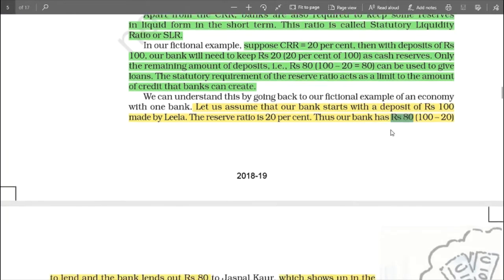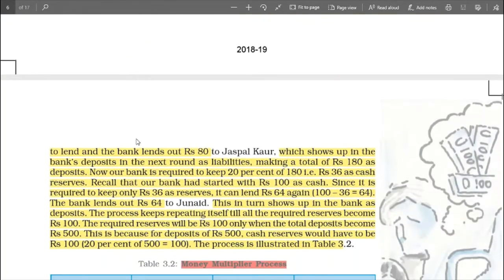So this 80 rupees is the excess amount that the bank can lend, and so it lends this to another person. Okay, receive 100 as deposit, keep 20 as reserve. The surplus is 80. This 80 is then lent again.